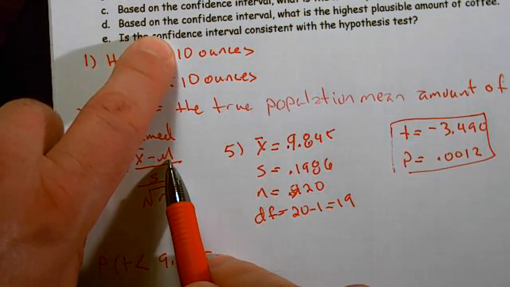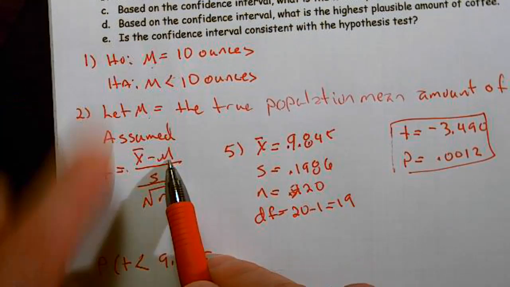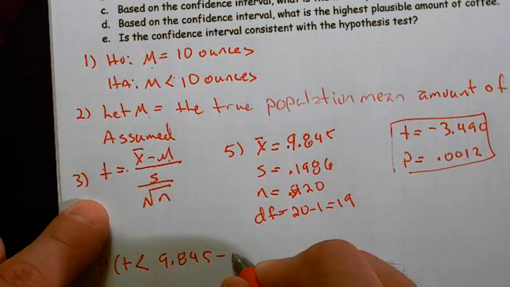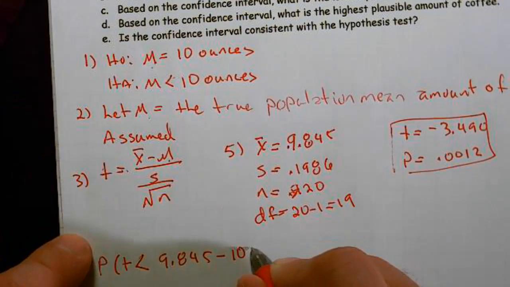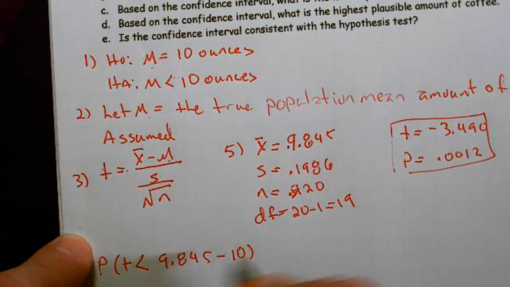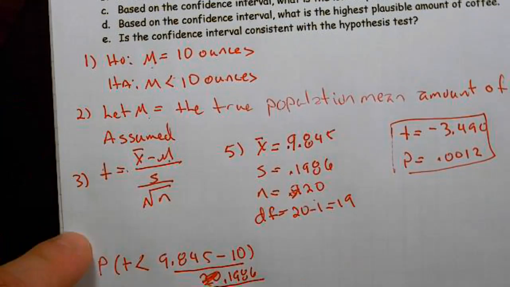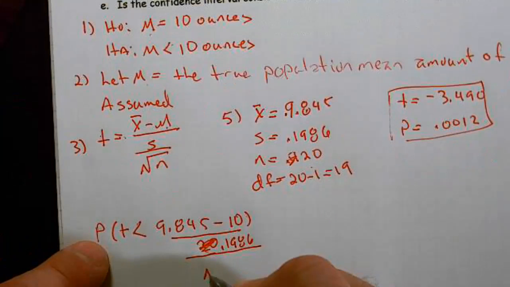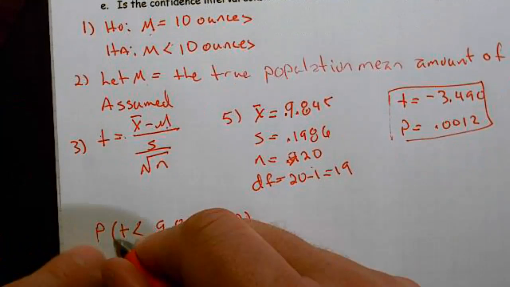That's my mu because it's 10 ounces, my mean is 10 ounces, over 0.1986, my standard deviation, divided by the square root of 20.